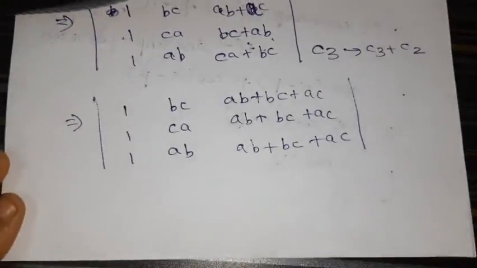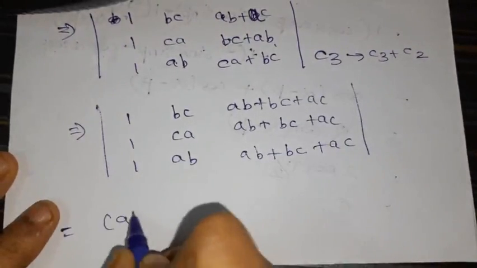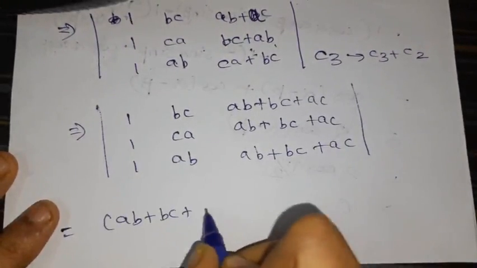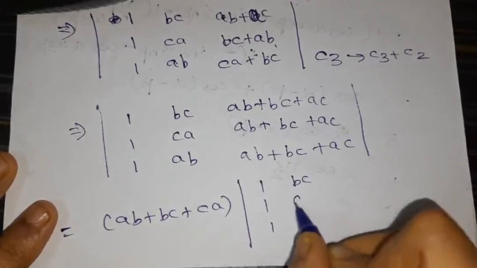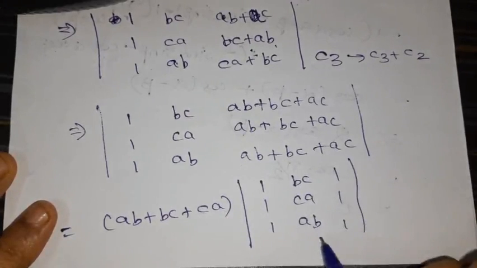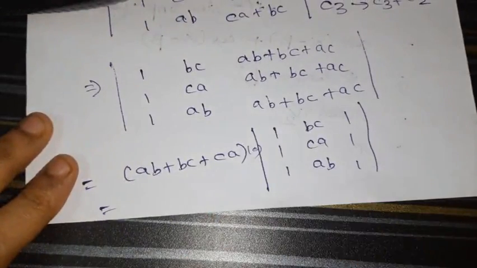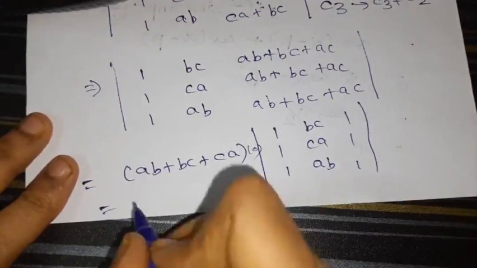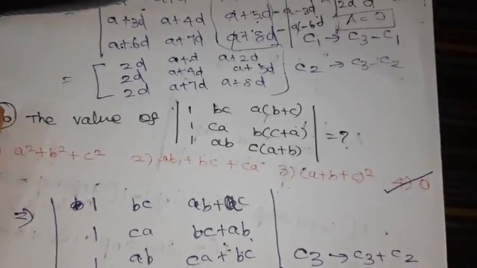So by taking AB plus BC plus AC common outside, what we will get? 1 1 1, BC CA AB, then 1 1 1. Since two columns are identical, obviously the determinant value is 0. When it is multiplied by this value, it is also going to be 0. So what is the determinant value for this? It is simply 0.